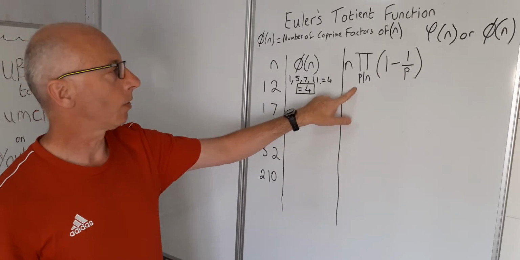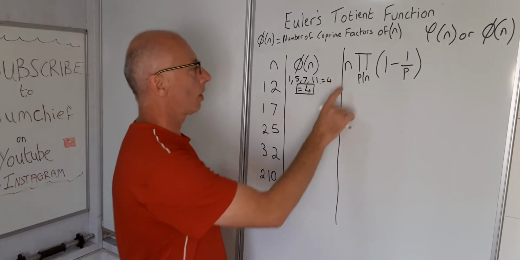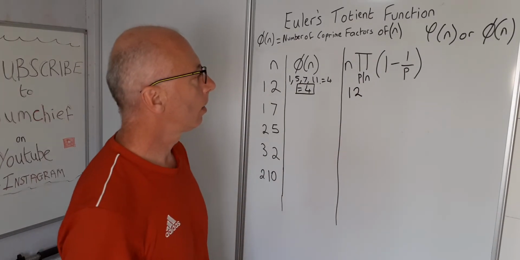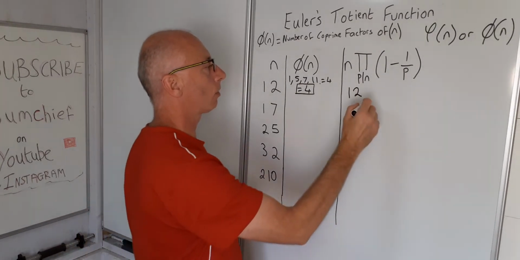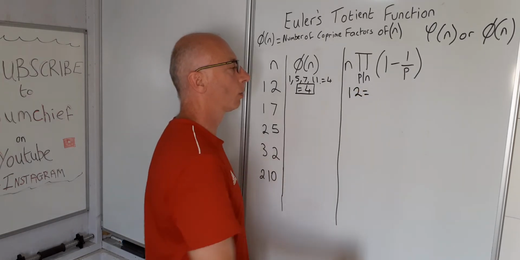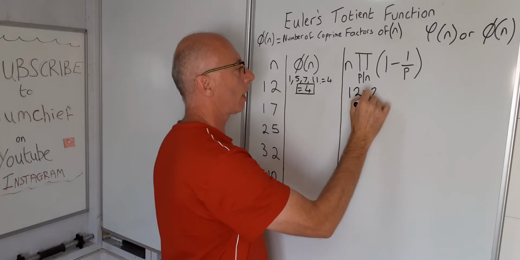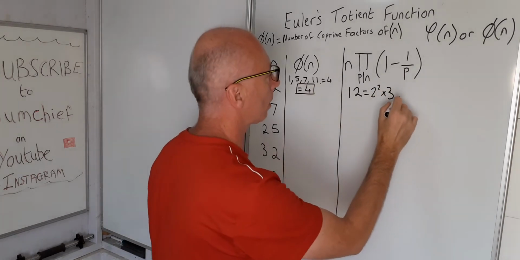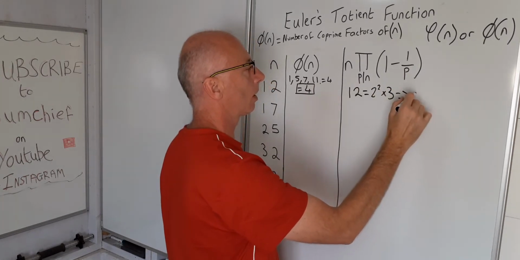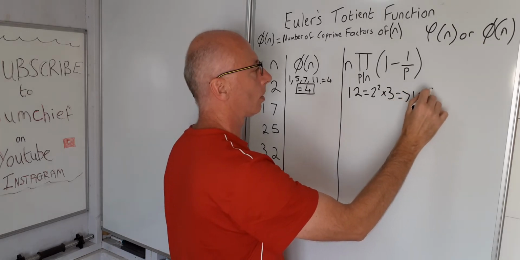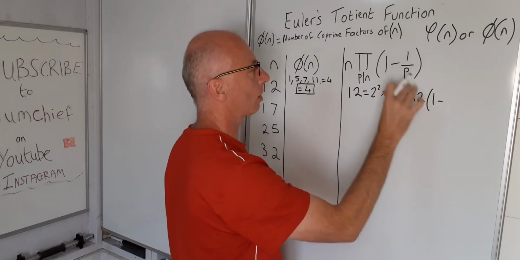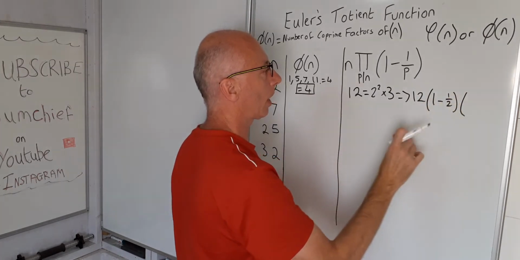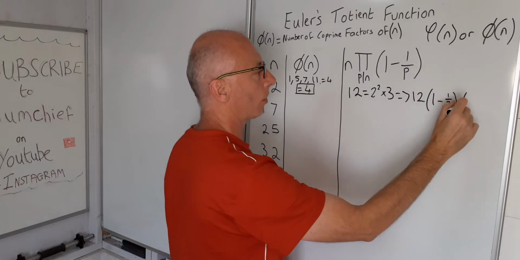Now we're going to prove it with this formula here. So n is 12, and then we'll multiply it by all the prime factors of 12. Well, 12 we know equals 2 squared times 3. So using this formula, 12 times 1 minus 1 over 2, and then multiply again by 1 minus 1 over 3.